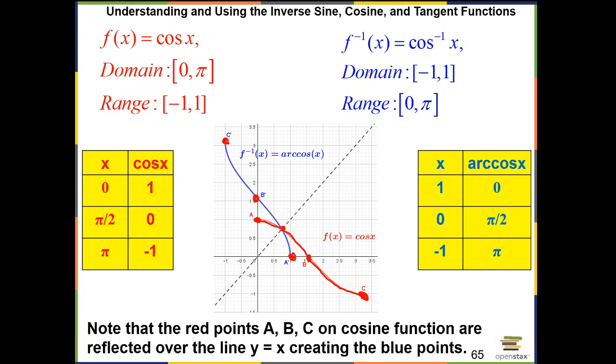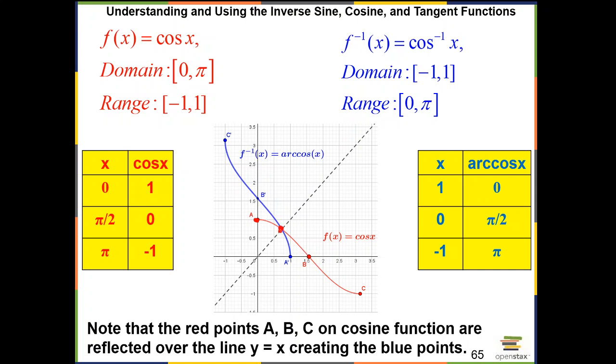And this point they have in common. There is a point that they have in common. What is that point? It is a point where cosine x and the cosine inverse are the same, right?